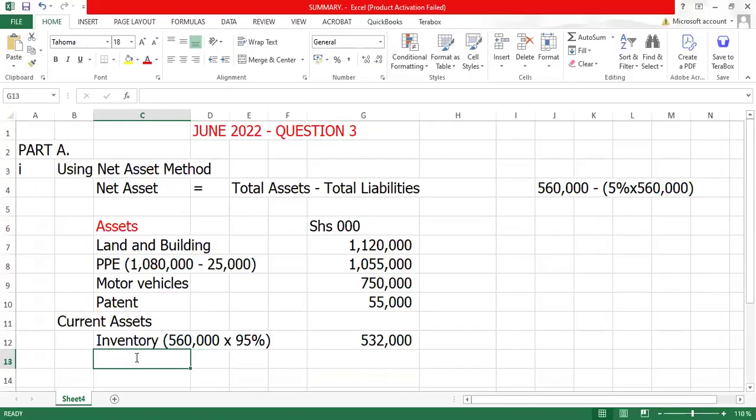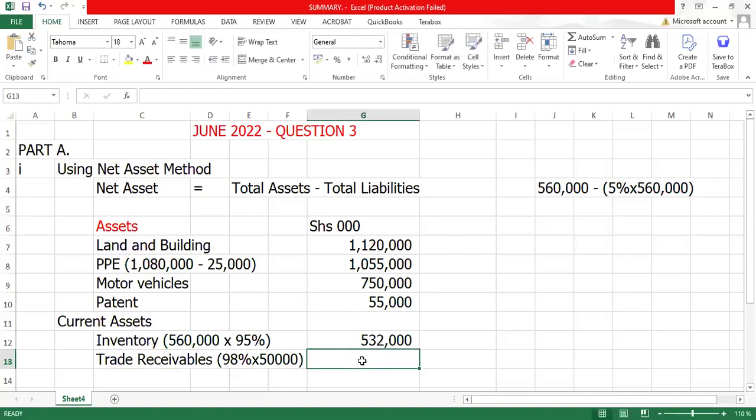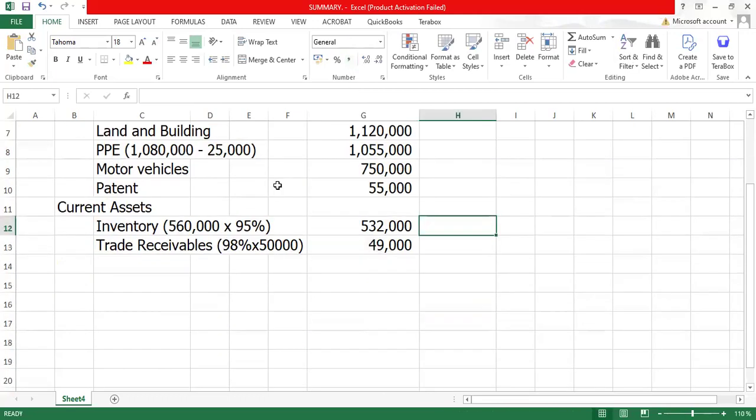Okay, this is trade receivables, and we are going to get 98% times 50,000. How much do you get? 49. Next, colleagues.